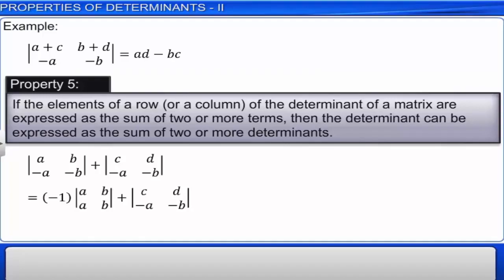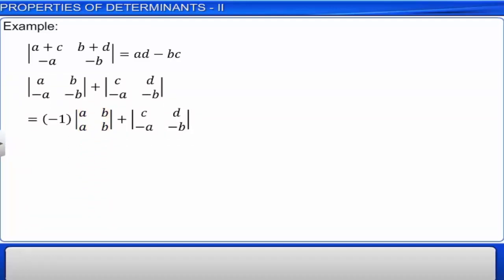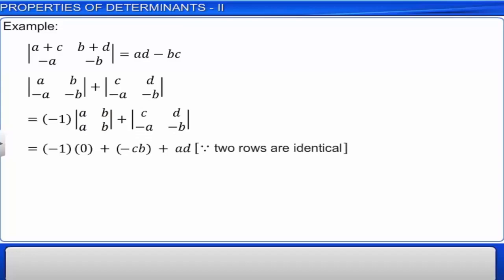Now, the first determinant has two identical rows. So its value is 0, and the value of the second determinant is equal to AD minus CB. Hence, the value of the determinant is equal to AD minus BC. This shows that the value of the determinant is the same as the value of the determinant when it is expressed as the sum of the two determinants.